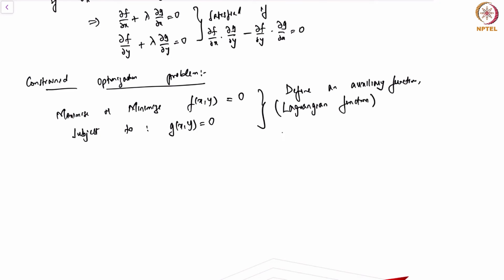This Lagrangian function is now a function of three variables, which is f of x comma y minus lambda g of x comma y. As I already said, the sign before lambda is not very important. We have defined this Lagrangian function now.